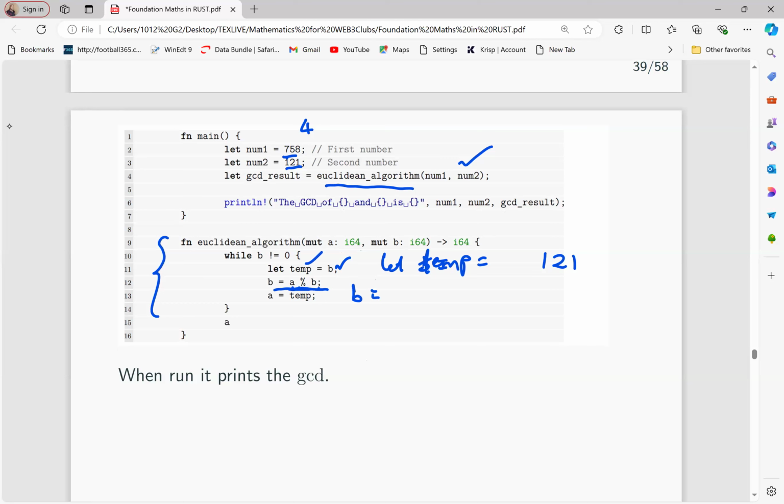I have A as 758, and the temporal B is 121. So what is now B? This number is just put there temporarily. B becomes the remainder on division of A by B. That's what it means.